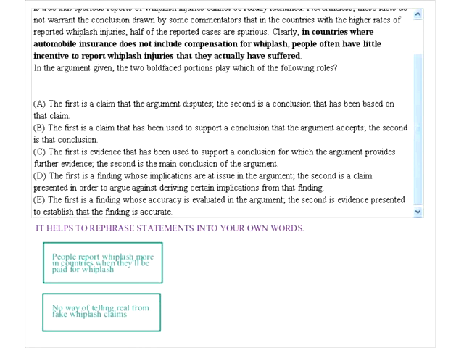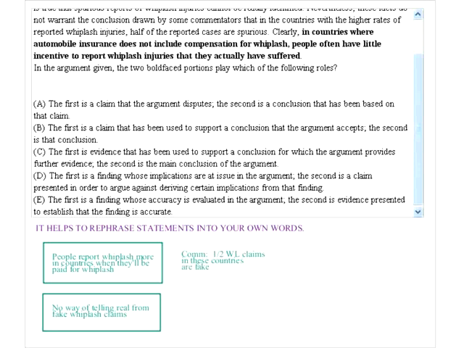Commentators, this is actually two kinds of statements. The facts don't warrant the conclusion drawn by some commentators. That's really two things, so let's untangle them. Commentators say half of whiplash claims in these countries are fake.